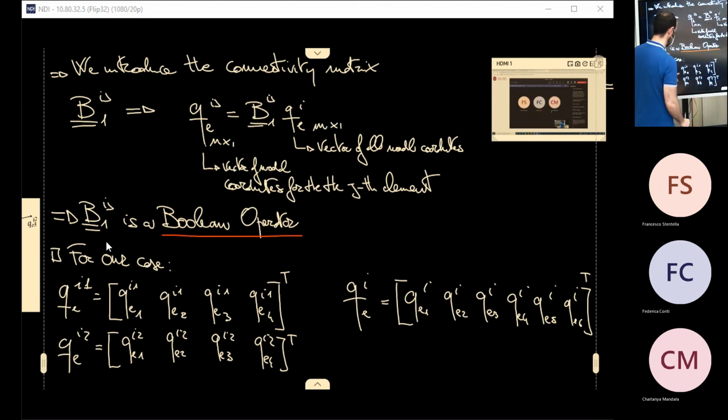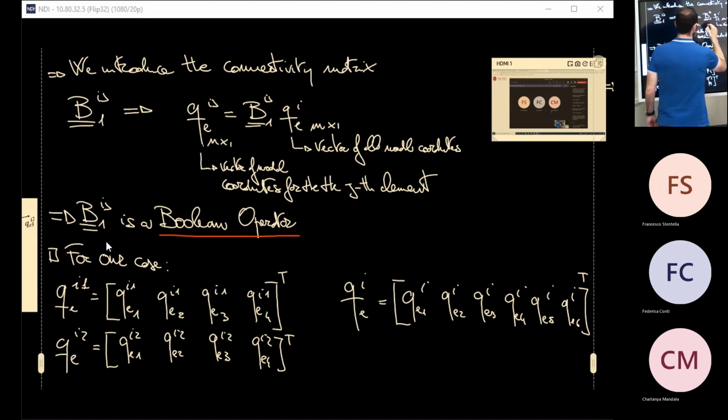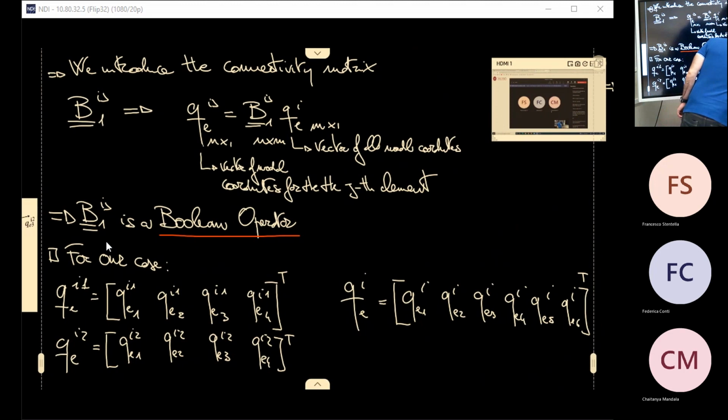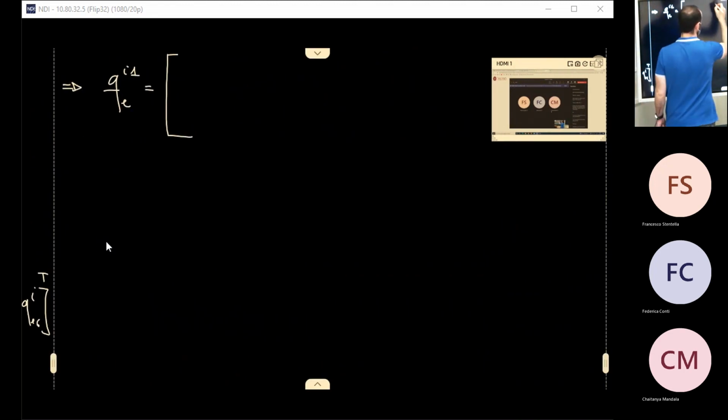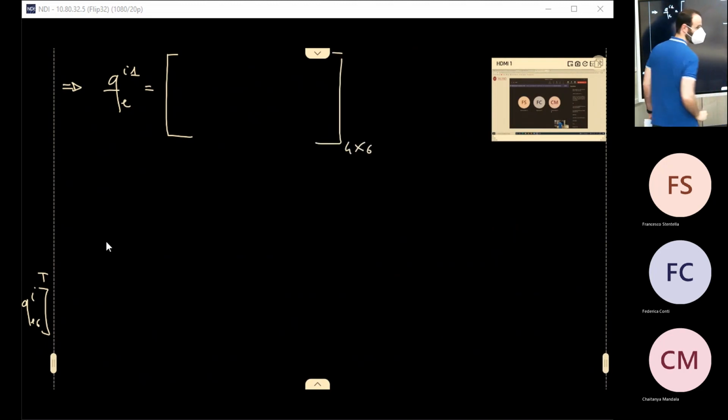You see here, in fact, in our case, n is 4 and m is 6. So it means that this has to be an n times m matrix, no? And in fact, in our case, this will be 4 times 6.